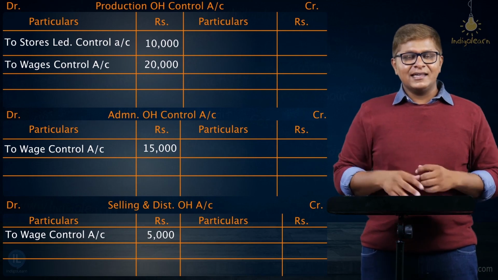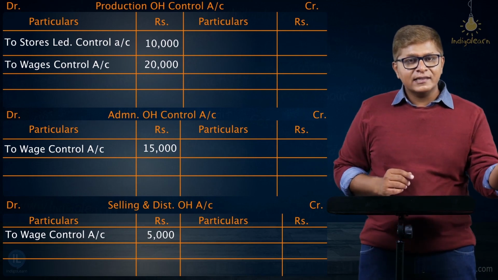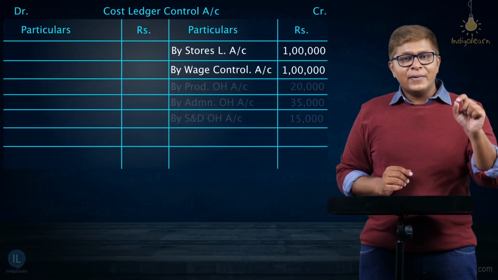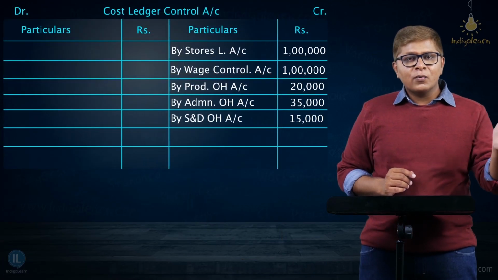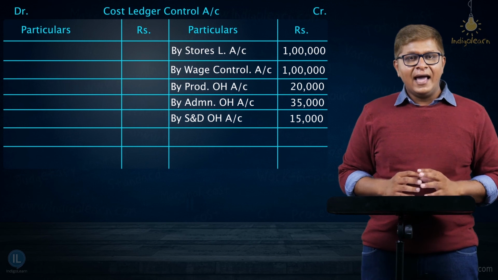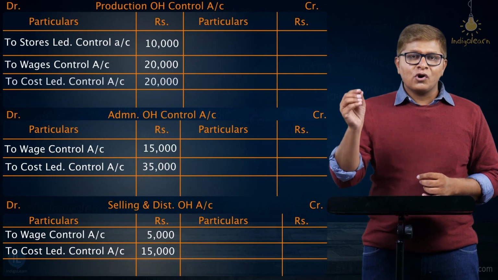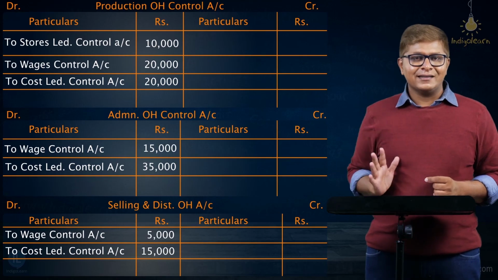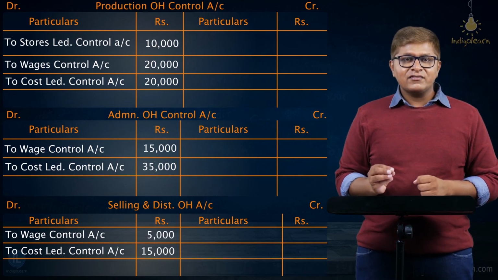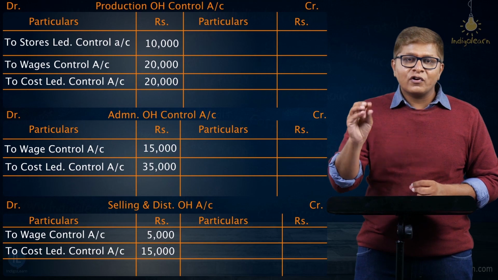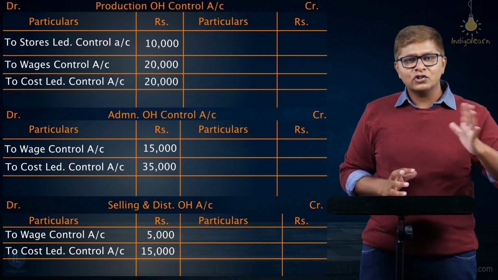Let's do the posting. In the cost ledger control account, on the credit side, we will have by production overhead control account 20,000, and in the production overhead control account, we will say to cost ledger control account 20,000.